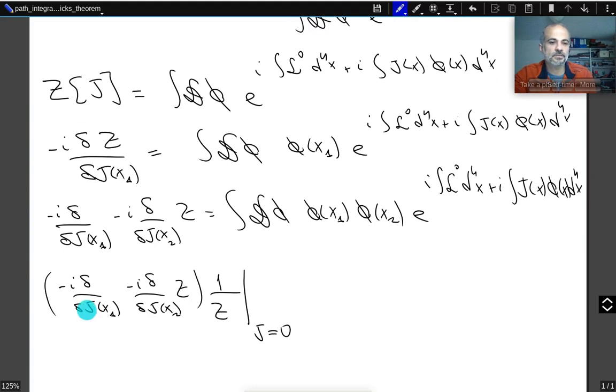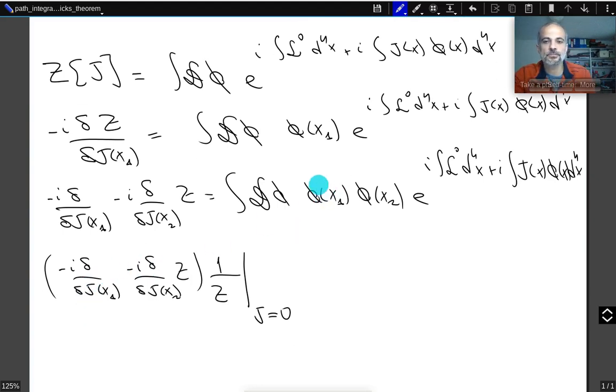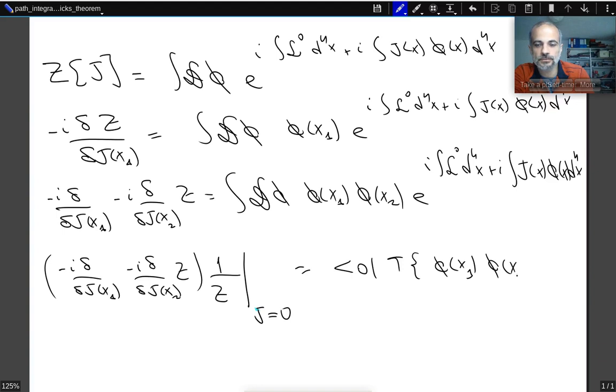You see, this derivative over here will just bring down this phi of x1, phi of x2. Now since j will be 0, this term will be absent. I divide by Z, Z itself doesn't contain these, and again I just put j equal to 0, so this term doesn't appear, but what remains is nothing but the time ordered product of phi of x1, phi of x2.